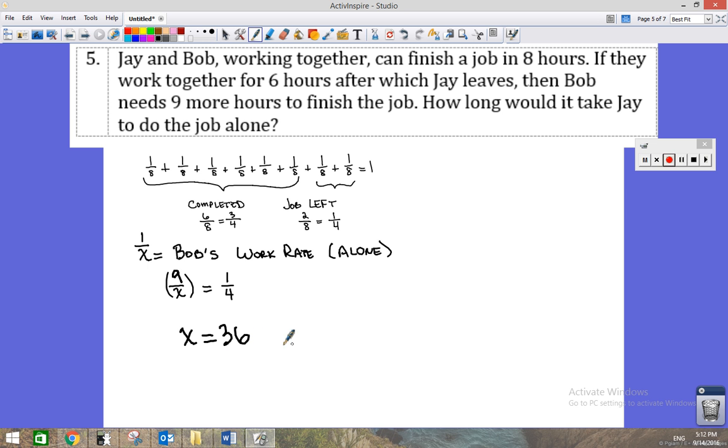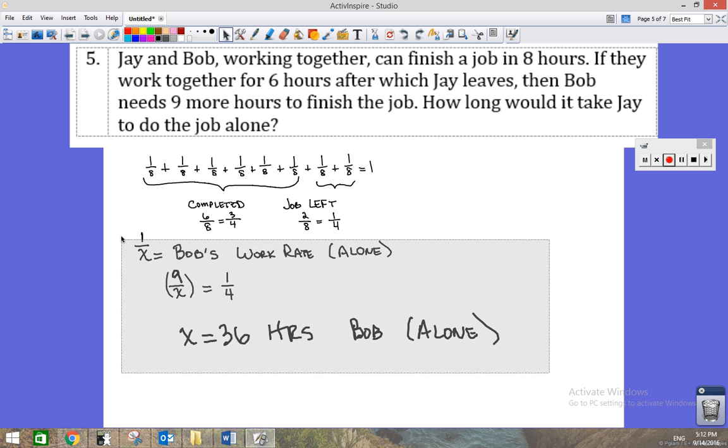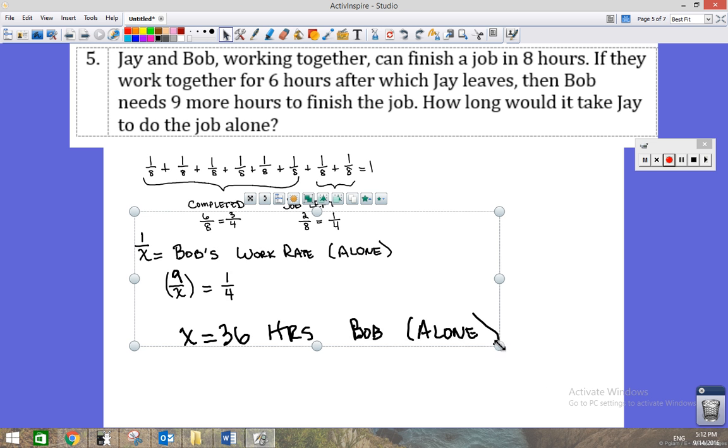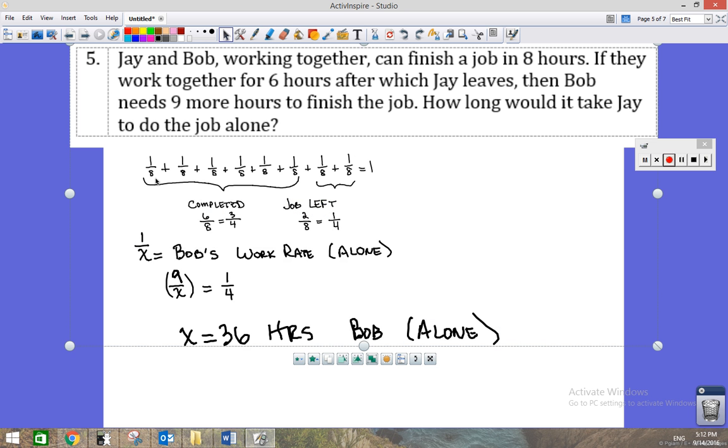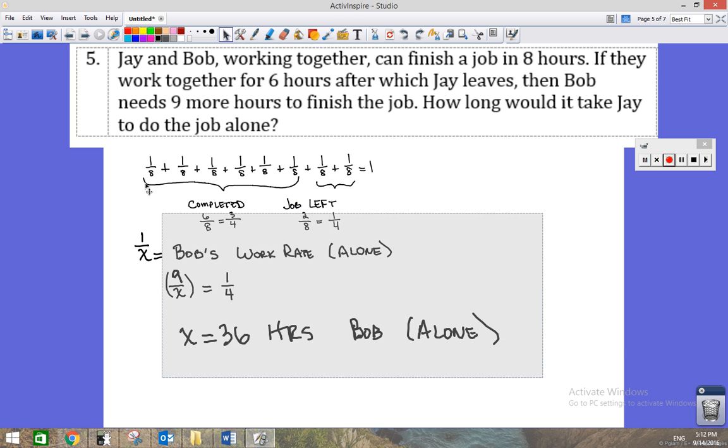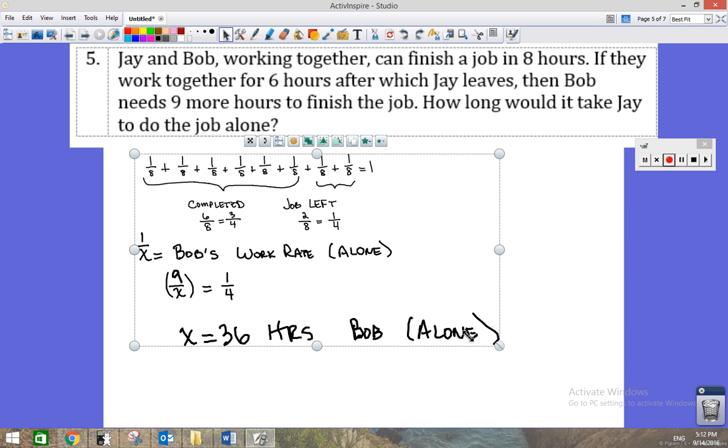So 36 hours is what Bob could have done the job working alone. So if that's the length of time that he needs, Bob's rate of work is this 1/36. Instead of 1/X, I now know that it's 1/36.